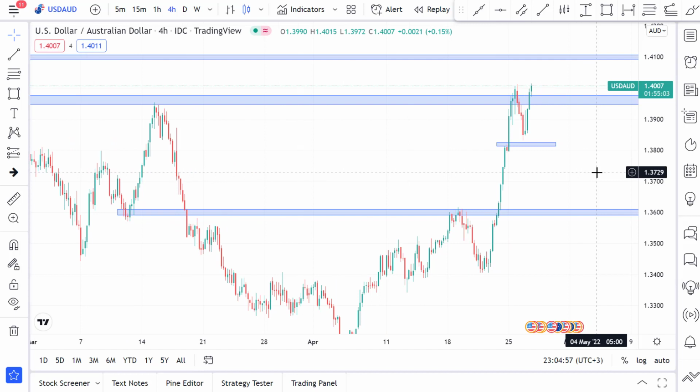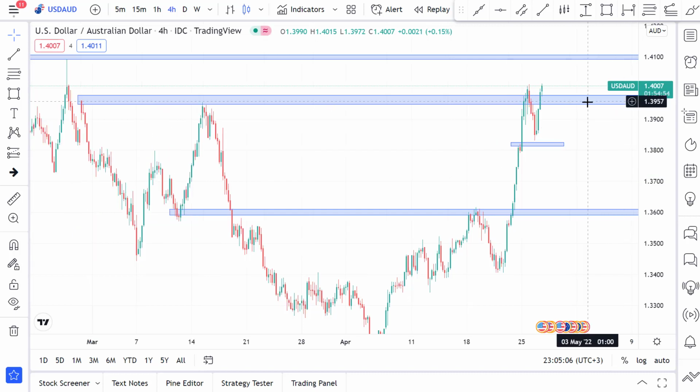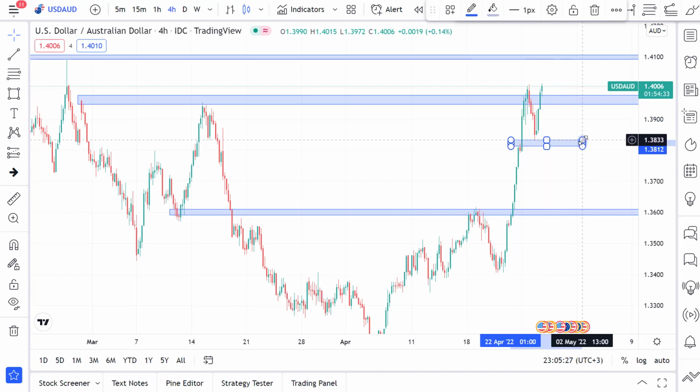All right, we should consider to see. Another thing which is probable and possible is that this zone is a kind of round number. We might see another pullback or maybe a bearish trend and some days of correction and maybe again go for 1.41. And if we have a bearish trend, this zone acts as support.